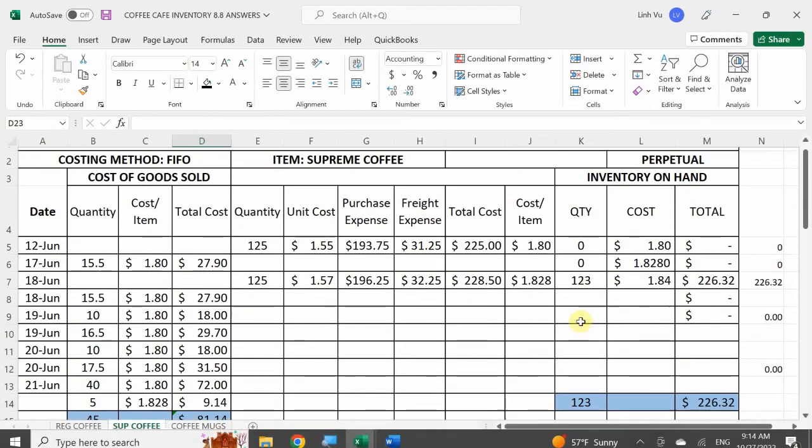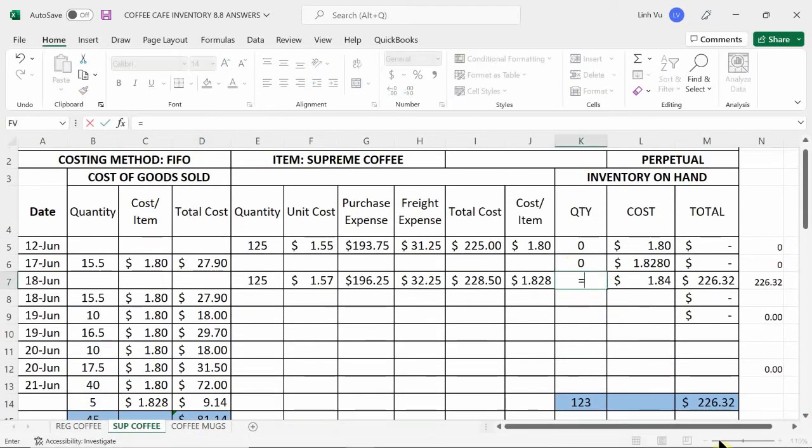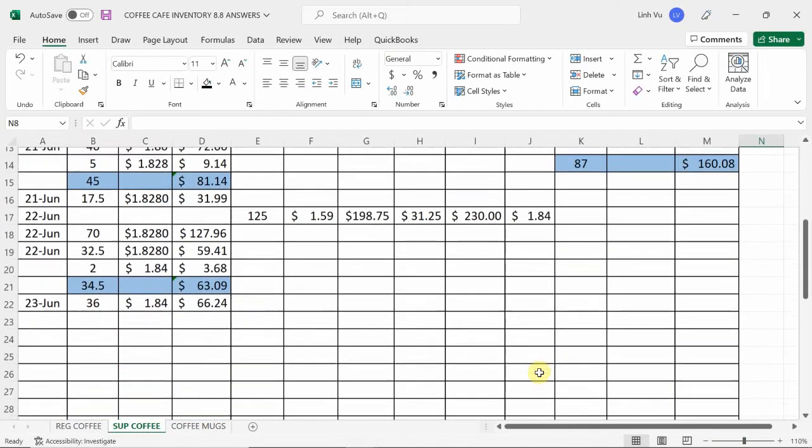So 123 minus 36. 87. Okay. $160.08 is correct, okay? $160.08 is what we have left in our inventory.